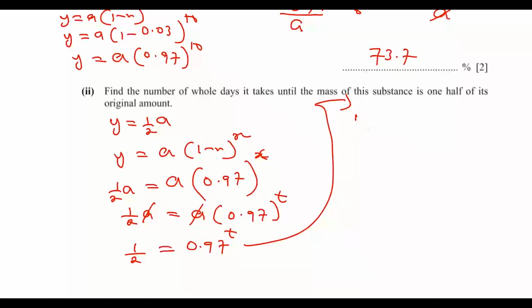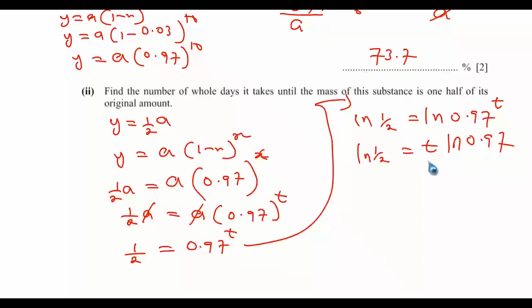So from here, let's draw an arrow. We're going to have ln 1/2 equals ln 0.97 to the power of t. So this is the same as ln 1/2 equals t ln 0.97.